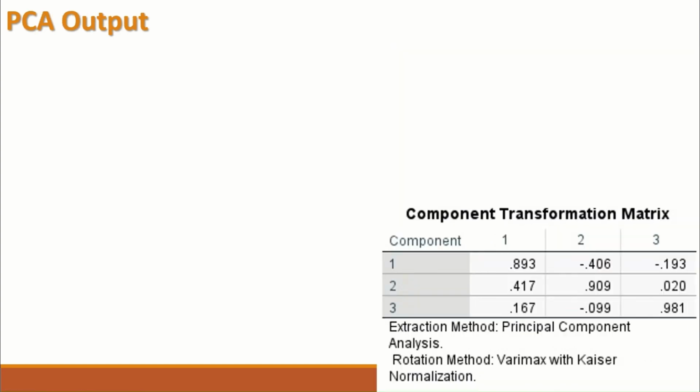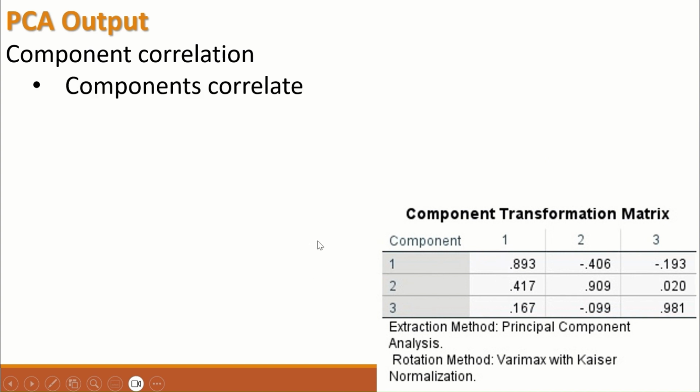Another output that can be generated post PCA is the component transformation matrix. The component transformation matrix will look at the correlation between component number 1 with 1, 1 with 2, and 1 with 3. So if the components correlate with each other, then this will help in determining the rotation method.